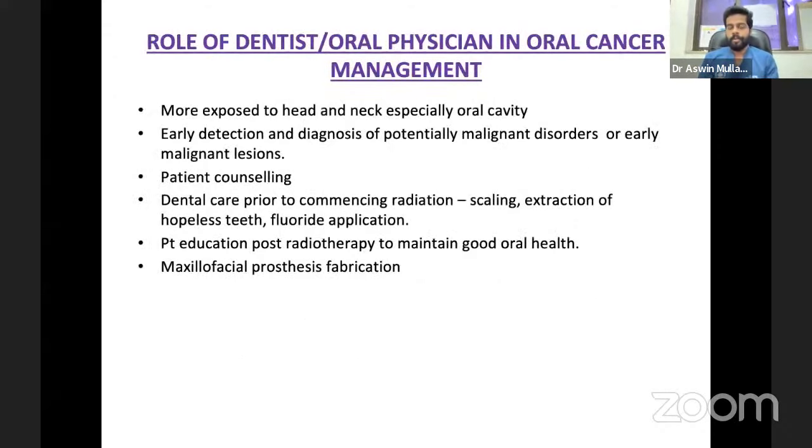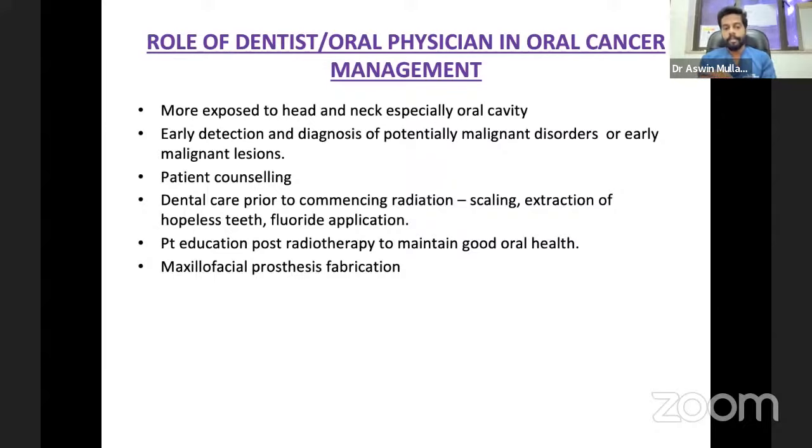So now I would like to conclude with this final slide, the role of the dentist or oral physician in oral cancer management. Basically, they are the people most exposed to the oral cavity. They are treating mainly the subsites of the head and neck, and the majority of head and neck cancers belong to the oral cavity.